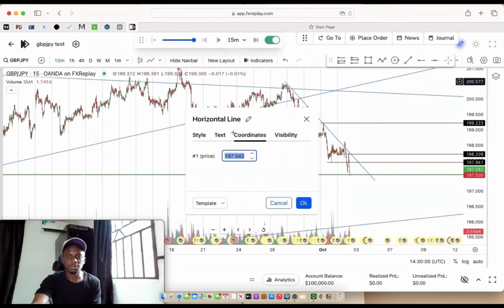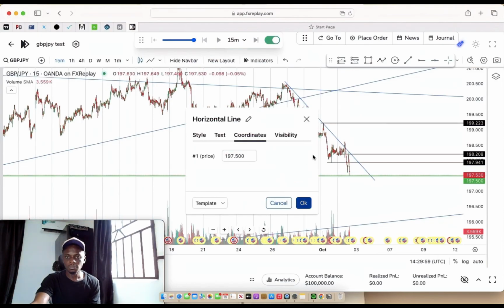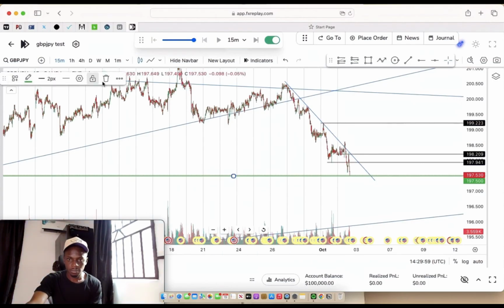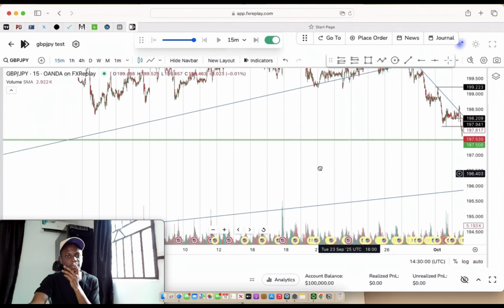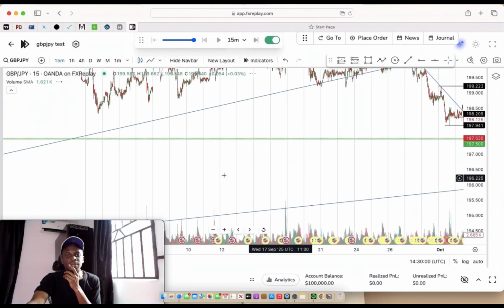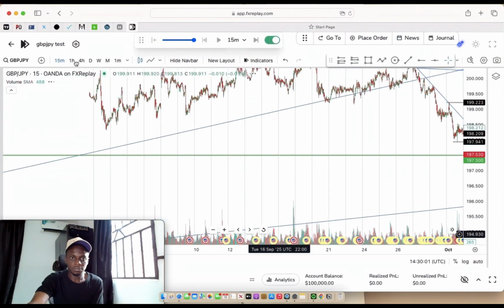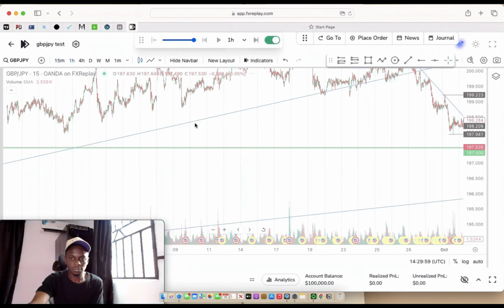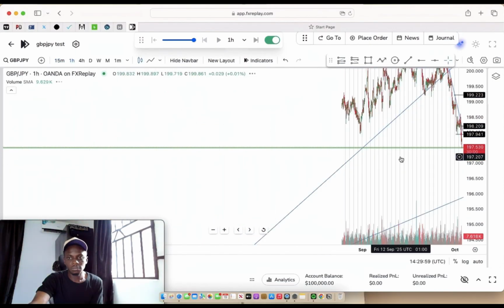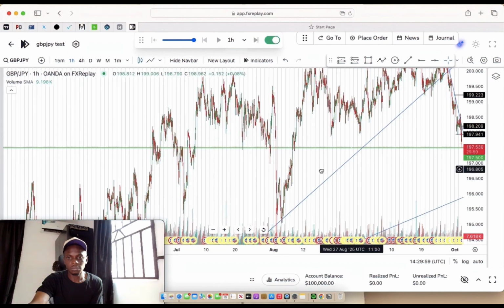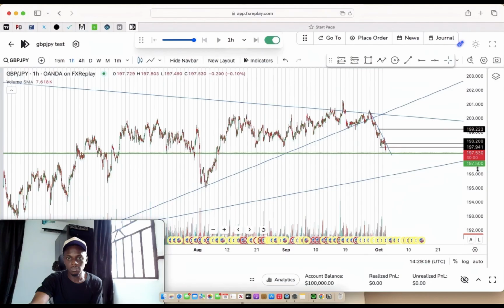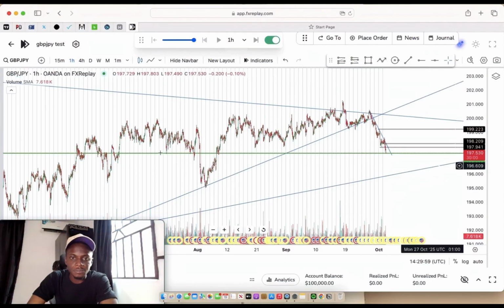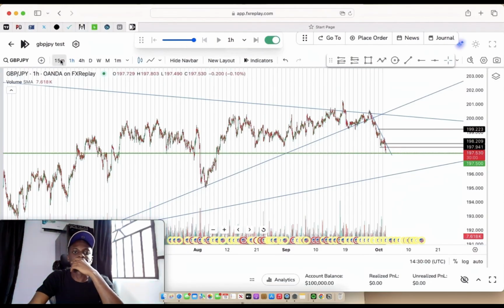I like this pattern of one. This is a level where there's a lot of reaction here.